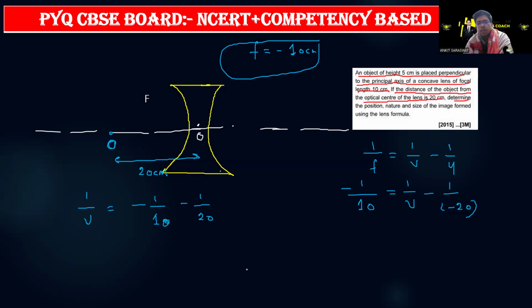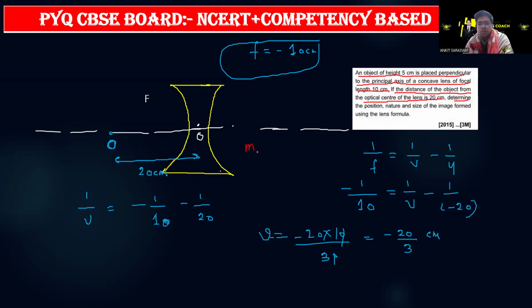To solve this, you will get the value of V comes out to be 20 into 10, negative, divided by 20 plus 10, 30. So minus 20 by 3 centimeter. V comes out to be negative, it means it is correct.